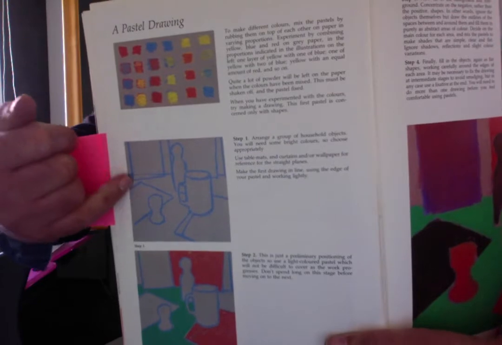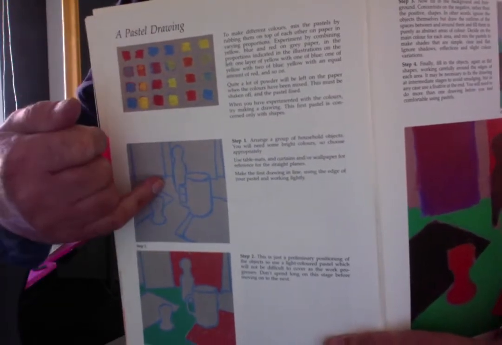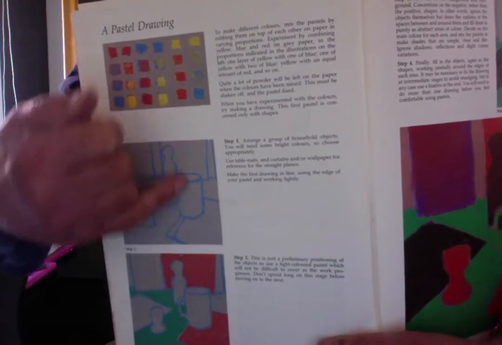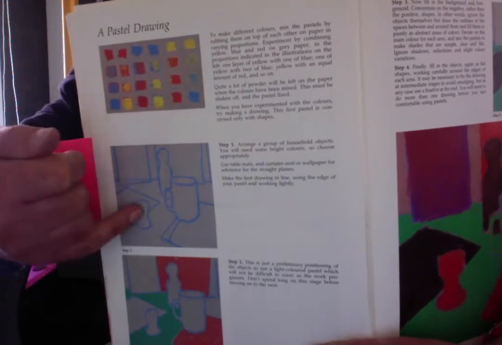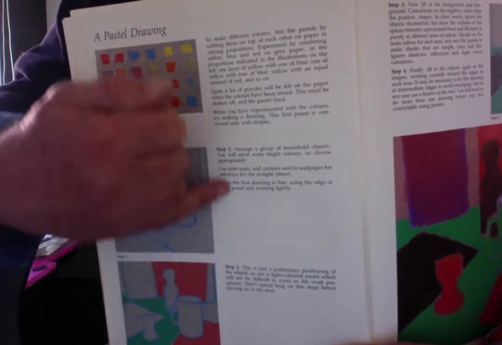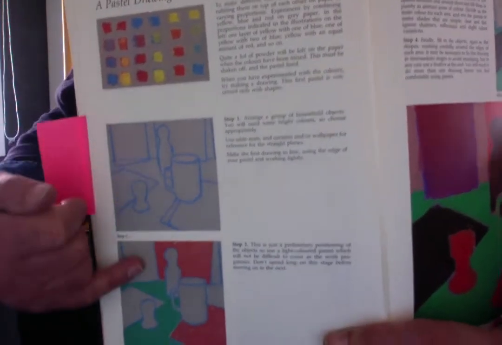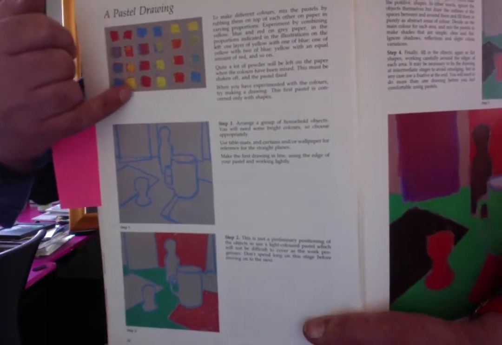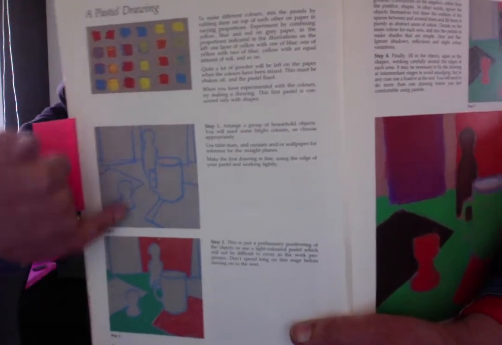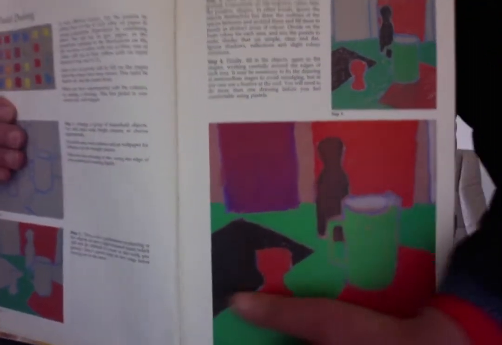So these lines going up and down help you to position objects in your boundary line, your square. And there's the painting, so you can develop your colorways, and then you start painting. That's a very good example.